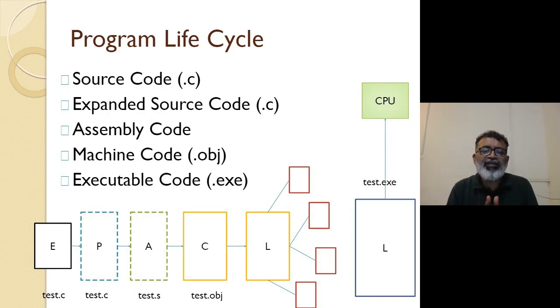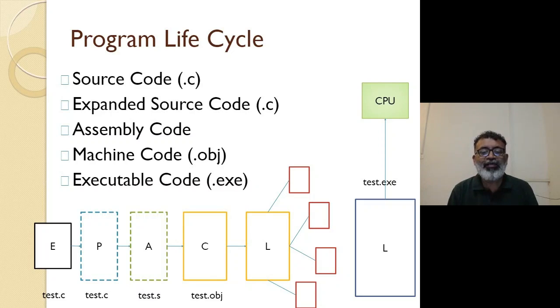Now this expanded source code is sent to an assembler, right? And this assembler is again a system software, and that's why I wrote A in the third rectangle. And one more file is created again at the back end.